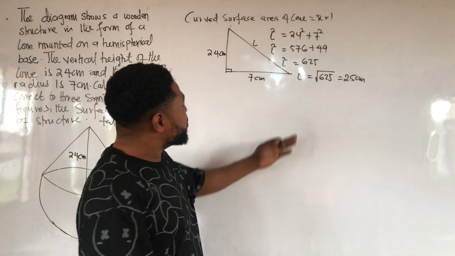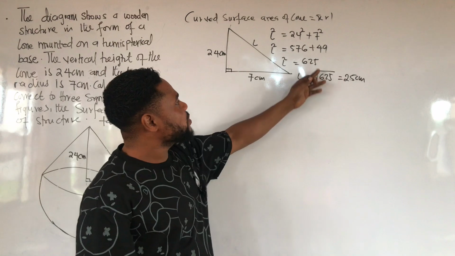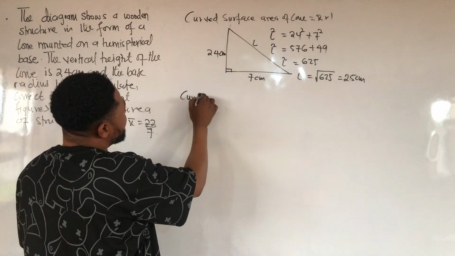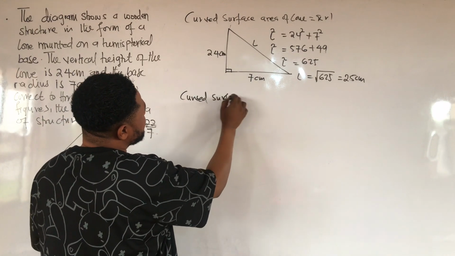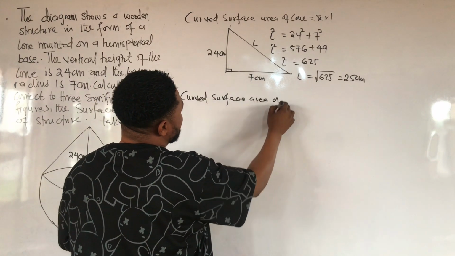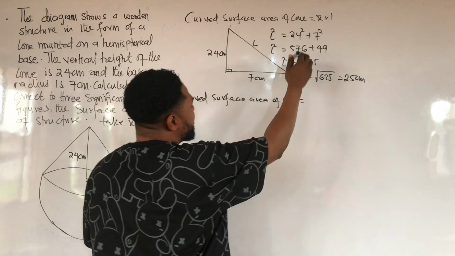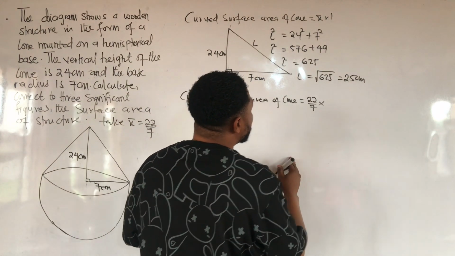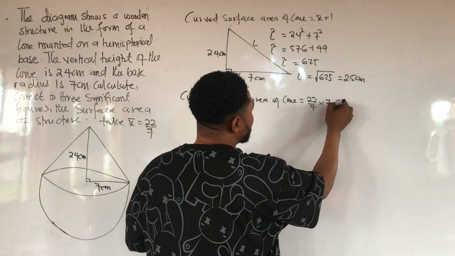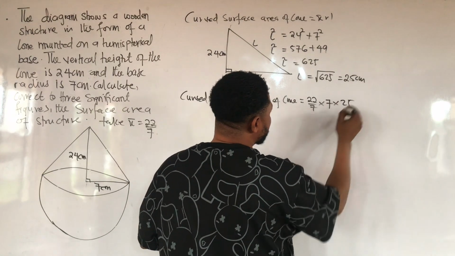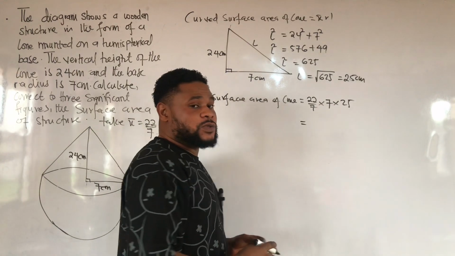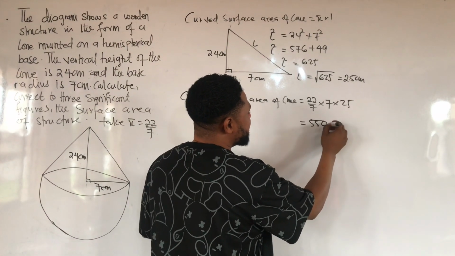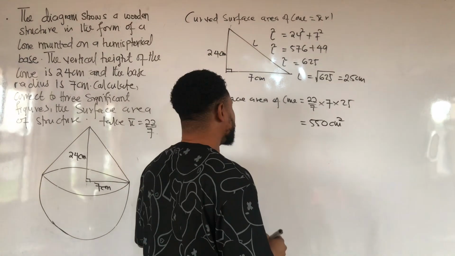Now that we know the slant height of the cone, we can use it in our formula. So the curved surface area of the cone: our pi is given, which is 22 over 7, our radius is given, which is 7, and the slant height we have found. When we multiply this, we have 550 centimeter squared.